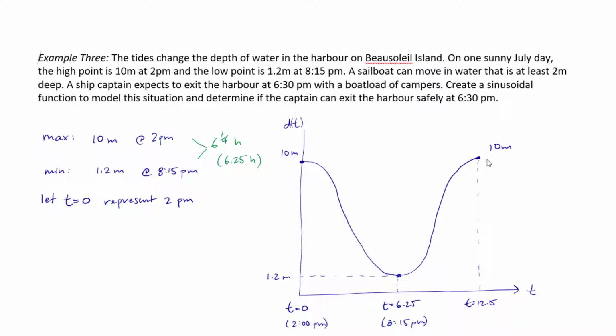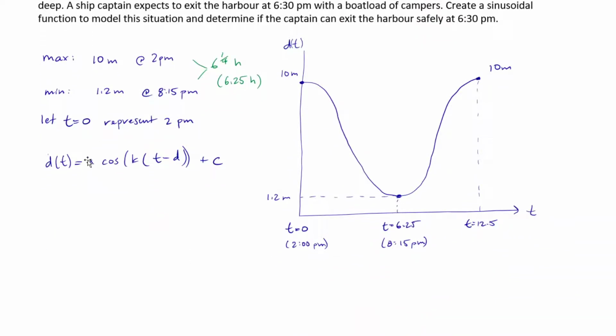This graph should look familiar to you. That is a cosine function. So I'm going to graph this using a cosine function. The first thing we're going to do is find the amplitude. And remember that A is equal to the absolute value of maximum minus minimum, divided by 2.